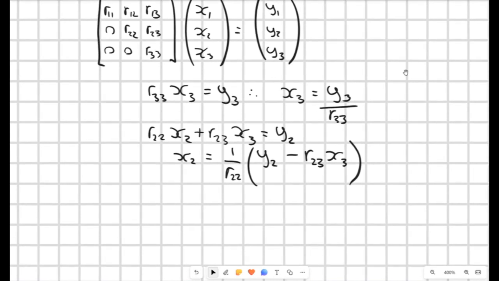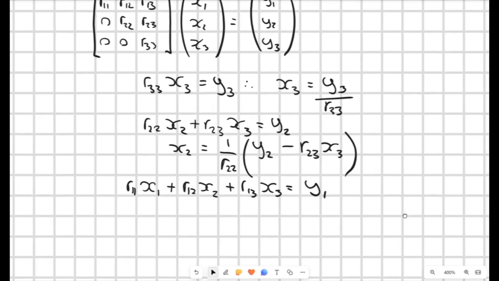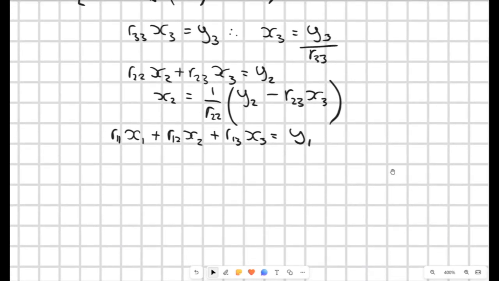Okay, so hopefully the pattern's obvious now, but we'll just do the final one just to be clear. So we're going to multiply this first row of R by this column. So that's r11 x1 plus r12 x2 plus r13 x3 is now going to be equal to y1. So again, we're just going to rearrange this in terms of x1.